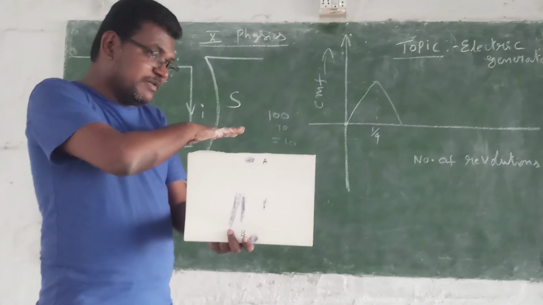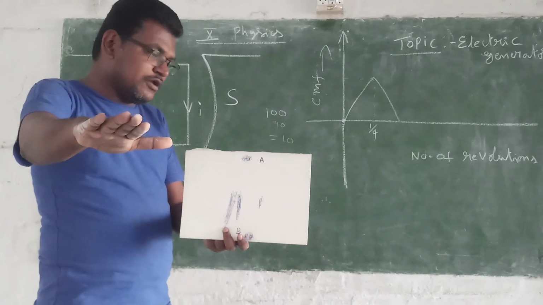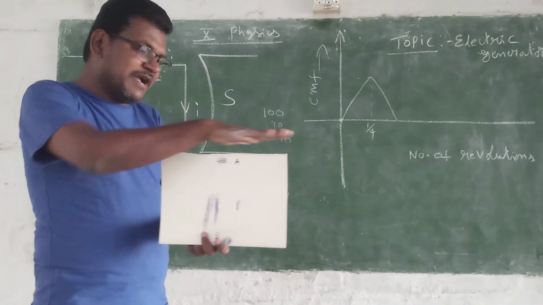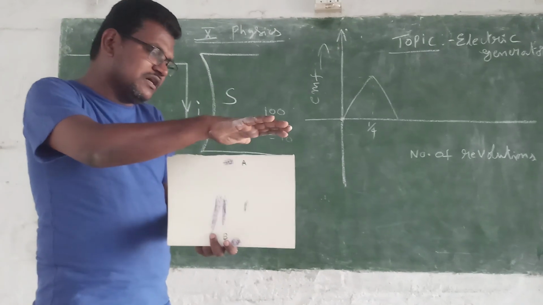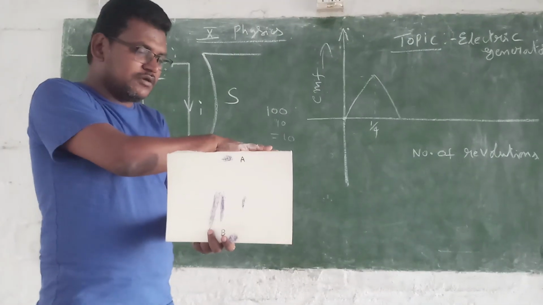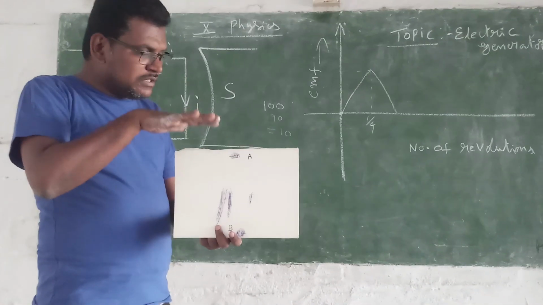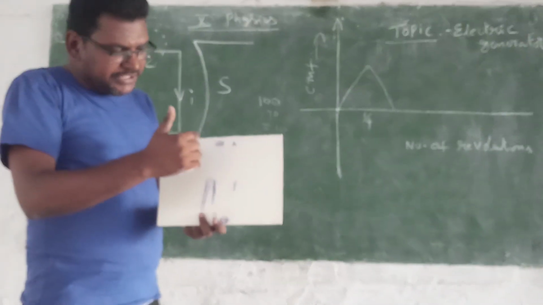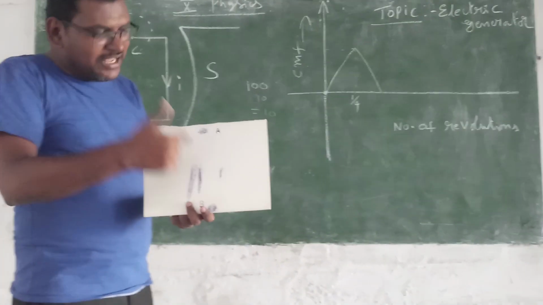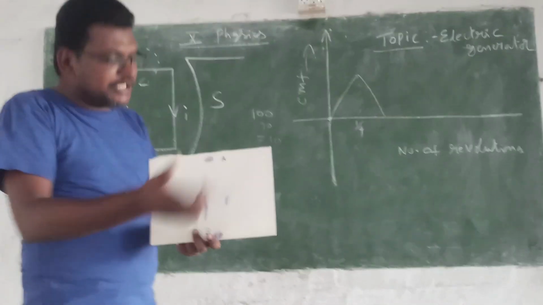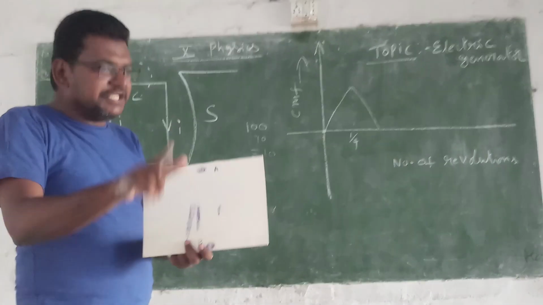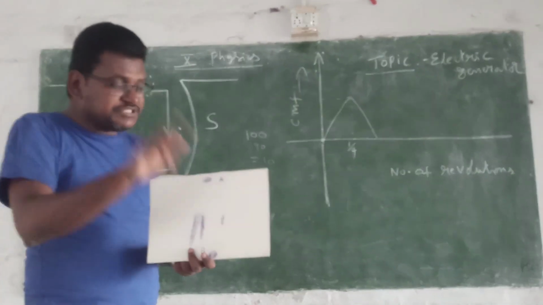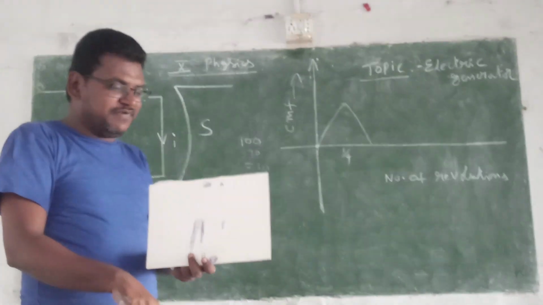The direction of the original magnetic field is in this direction, whereas the direction of the magnetic field produced by the induced current is in this direction. So the induced current lies in a direction that opposes the change of magnetic flux.